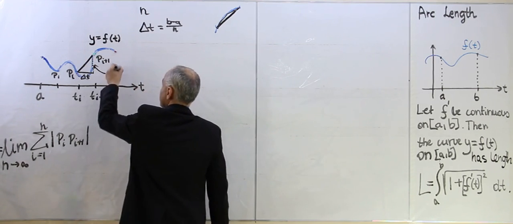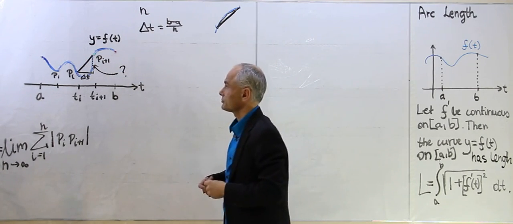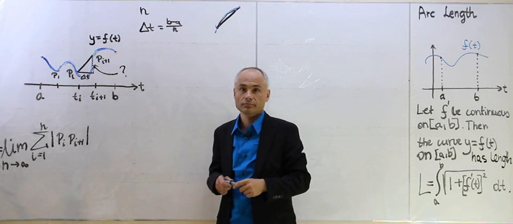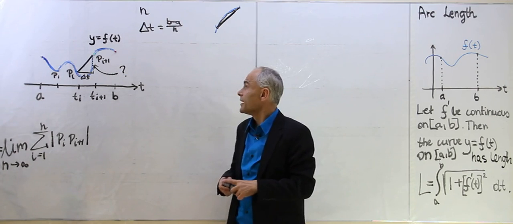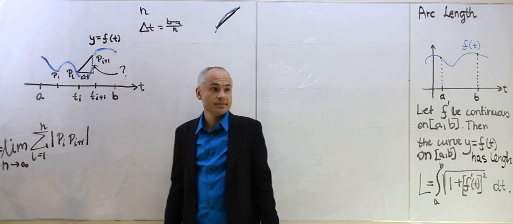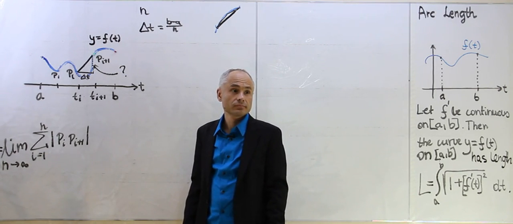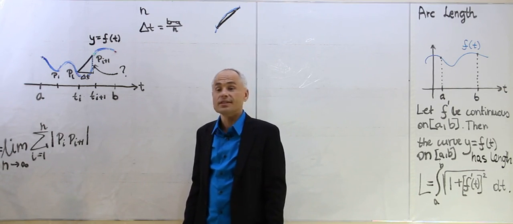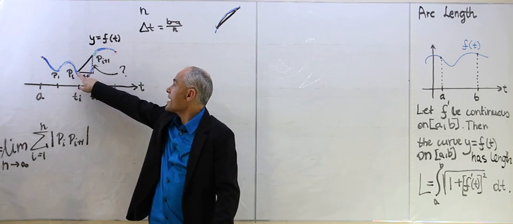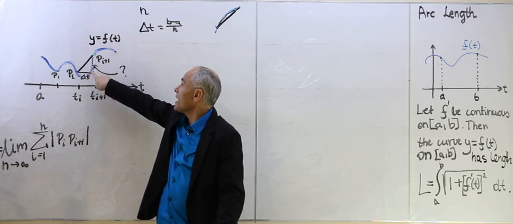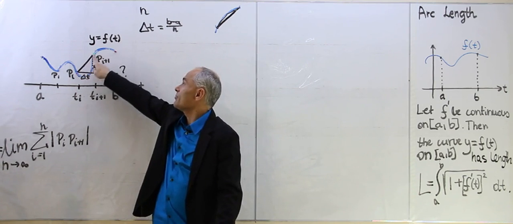What is this length? Why am I doing this? Because then I can use the distance formula, or the Pythagorean theorem, if you will. Once I have the base and the height, I can get the length of Pi Pi plus 1.